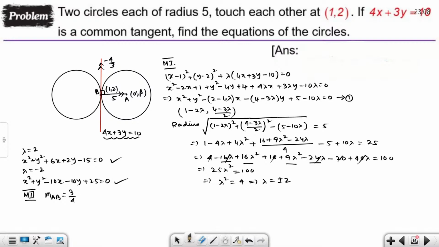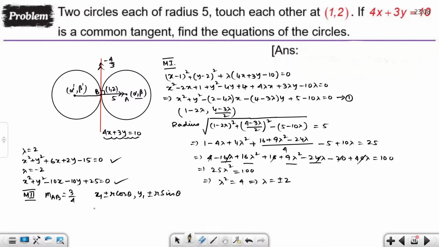Now what I'm doing, I'm using the parametric form to get the value of alpha and beta. At the same time, we will get the center of the other circle, if it is alpha dash and beta dash, by using the parametric form. What was the parametric form? Your alpha and beta will be the points, which is x1 plus minus r cos theta and y1 plus minus r sine theta, correct?